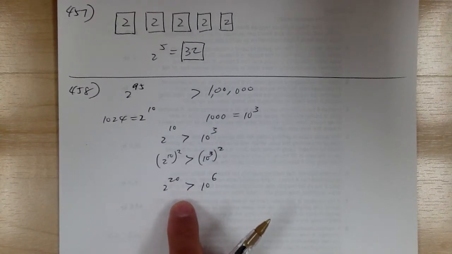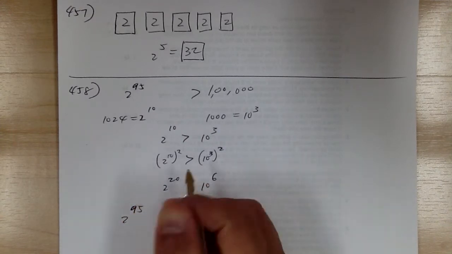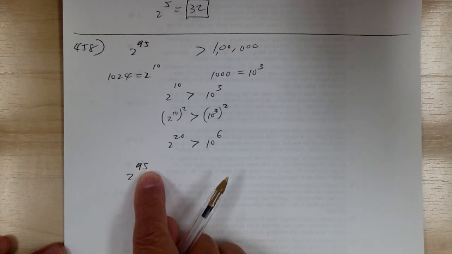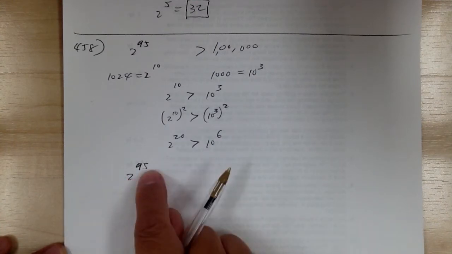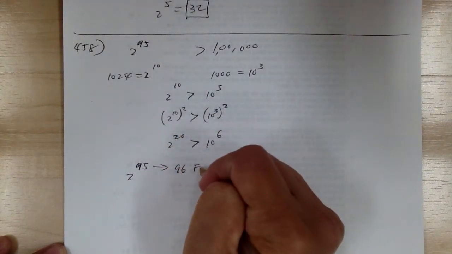Now for 2 to the 95 power, remember we learned this in the lesson: because the exponent is 95, you can choose 0 or 1 or 2, from 0 to 95, so this will give you 96 factors.